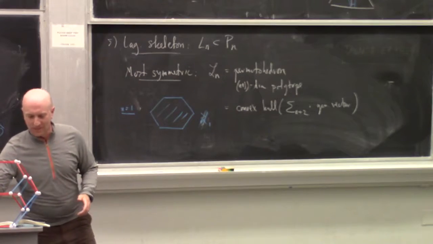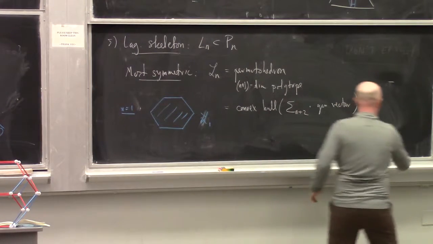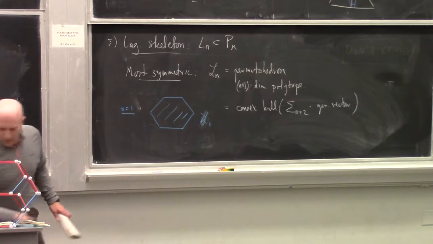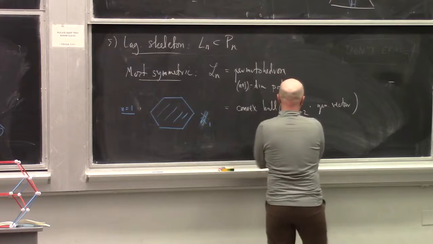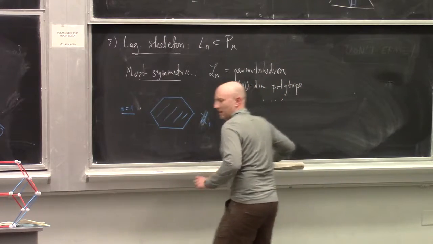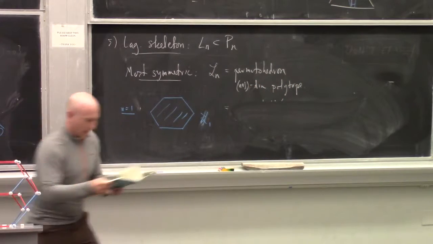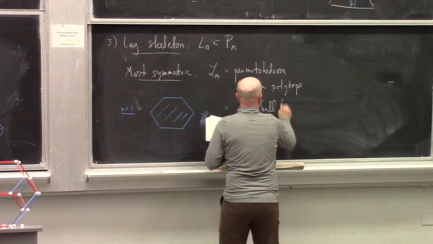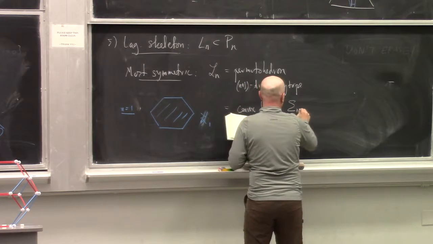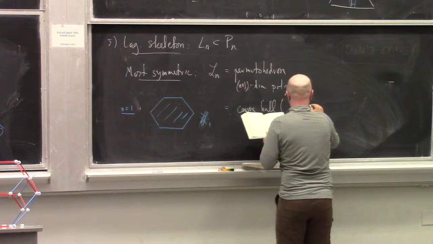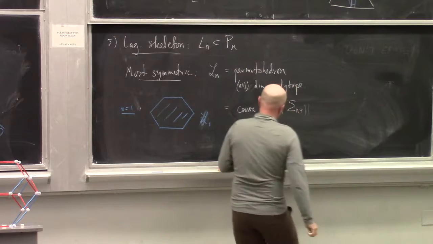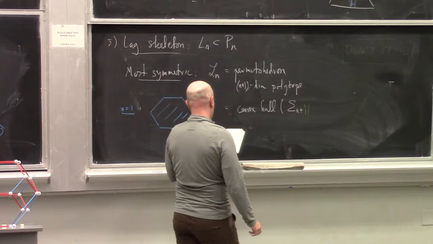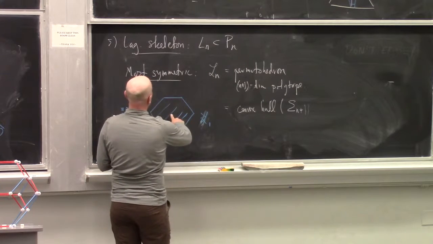Let me write something more mathematical here, in case anyone's playing at home. Maybe I'm off by an index. Let me write what I have in my notes. It's the convex hull. The problem is my notes had n and n plus 1s and n plus 2s, all different. Sigma n. This is called P2 in my notes.